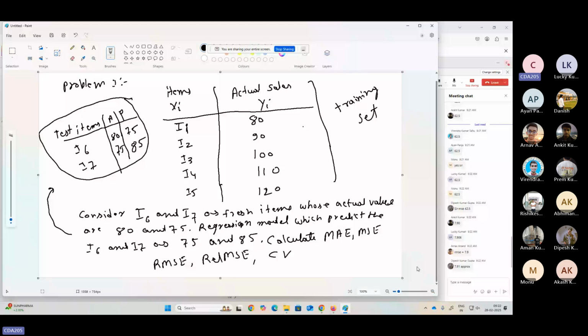Okay, 7.91 is okay, approximately. Yes, it is right. 7.9 is okay because we only have to take the square root of the mean square error. Next one is the relative mean square error.